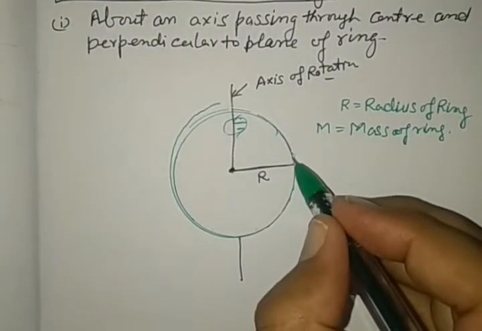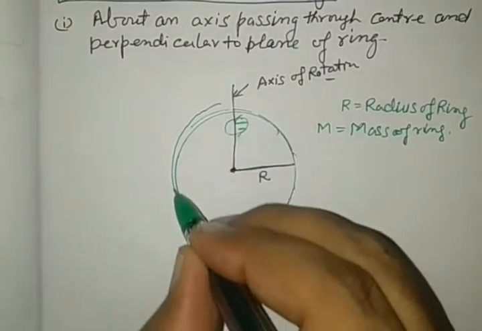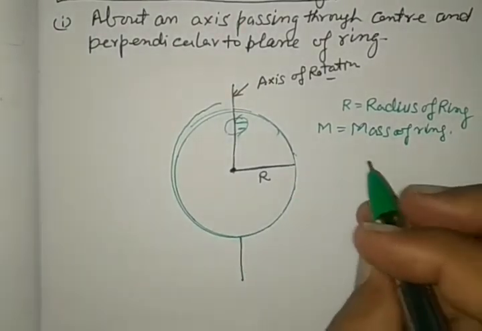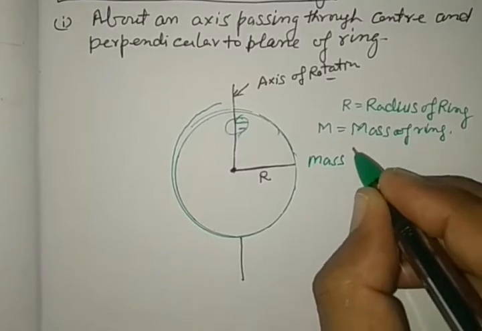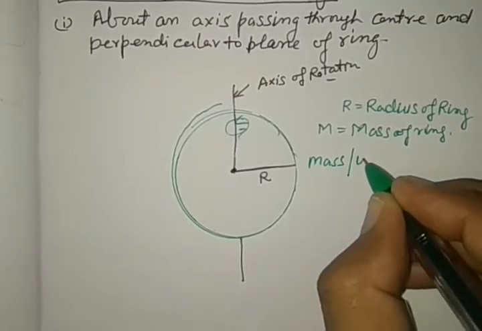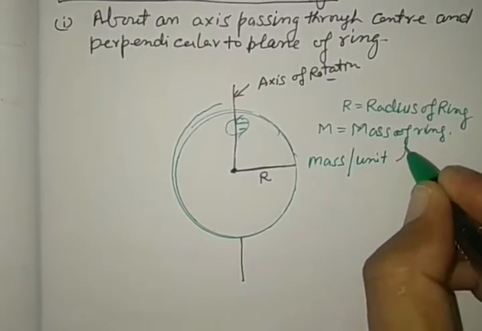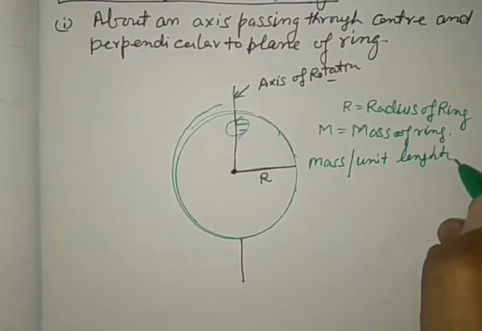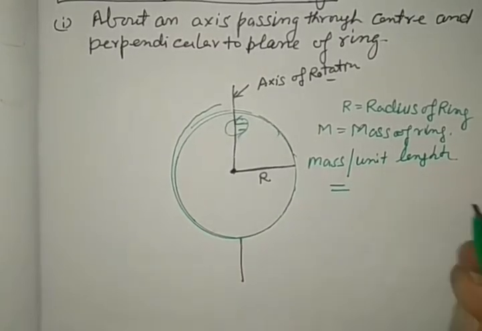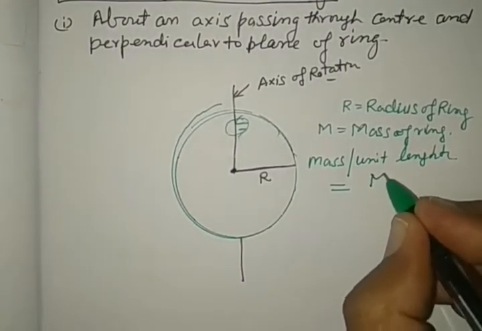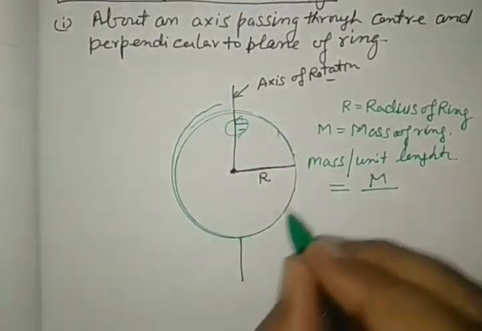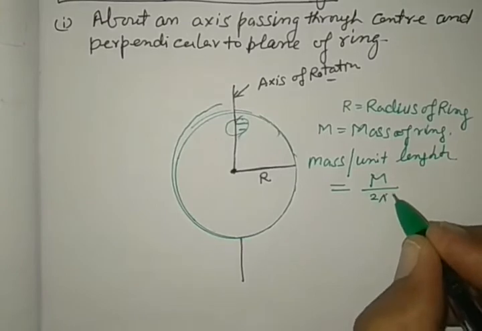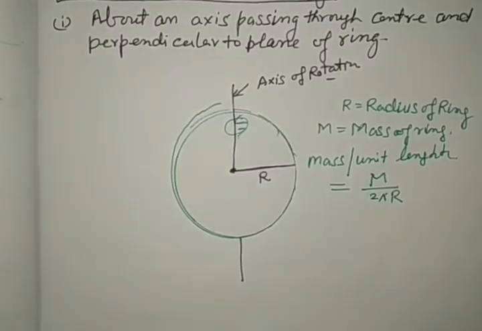Since mass is equally distributed on the circumference of the ring, we are going to calculate the mass per unit length. This is the mass of the ring over the circumference, and since the radius is R, the circumference is 2 pi R. Clear?